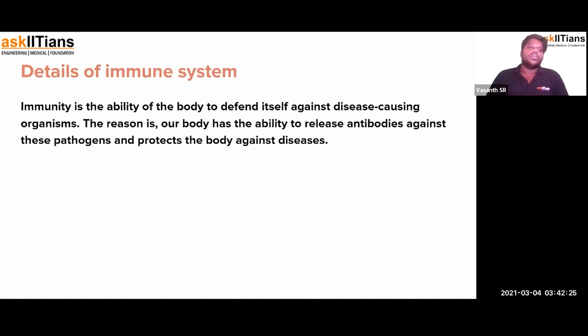So a little detail on the immune system. We all know the purpose of the immune system. It is going to protect us against disease causing agents. When these disease causing agents invade our system, it is obvious that our defense system, which is made up of different types of tissue, is going to have an ability to fight against it.